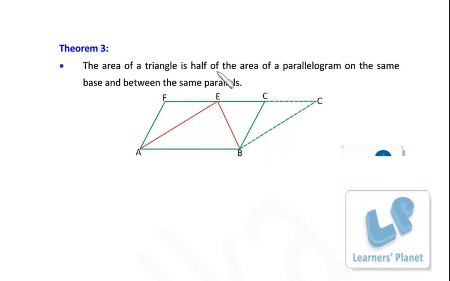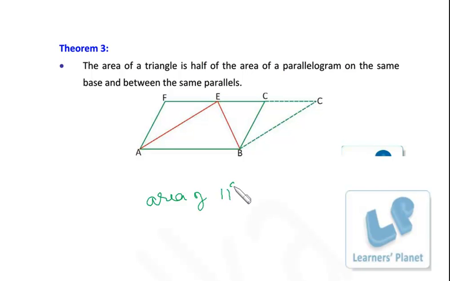The area of a triangle is half of the area of a parallelogram on the same base and between the same parallels, right? Here we have two parallel lines, FC and AB, and if we make the triangle AEB, the area of this triangle will be half of that of this parallelogram, right? Now what is the area of a triangle? That is half base into altitude. And what is the area of this parallelogram? That is base into altitude.